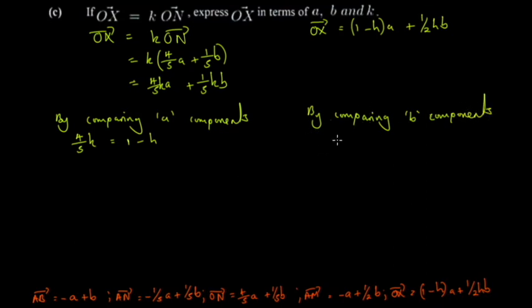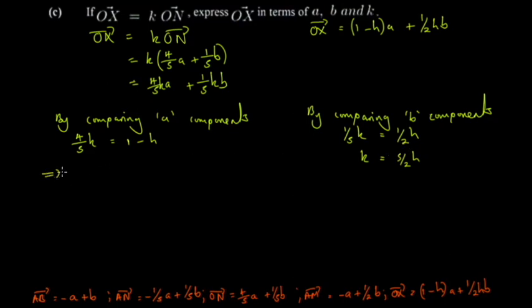So here it should be 1 over 5 K equal to 1 over 2 H, because you're comparing, this one is 1 over 5K, this one is 1 over 2H, which is fine. So what you get here is that K is equal to 5 over 2 H, when you multiply both sides by 5.